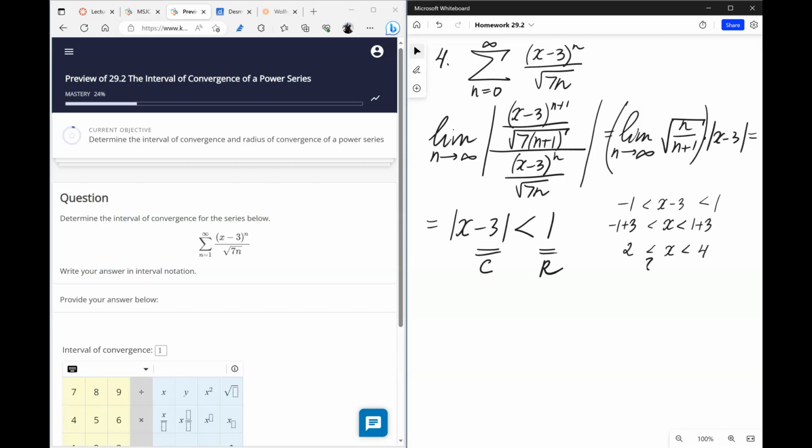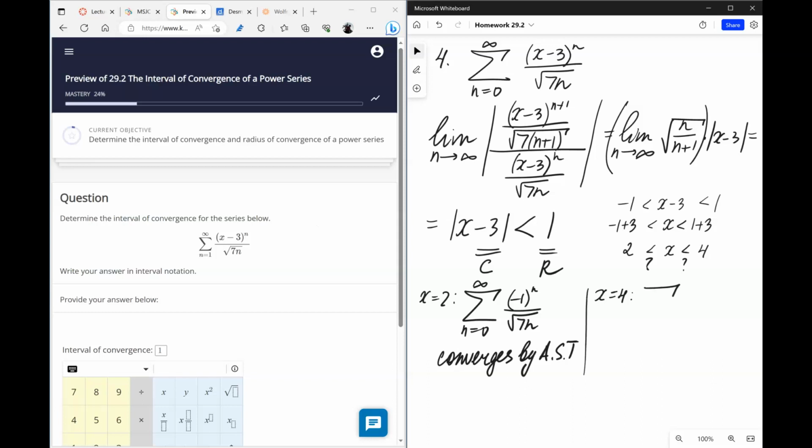So what we're going to do is plug in x equals 2 and x equals 4 into the original power series and see what happens. So the original power series becomes this when x equals 2: 2 minus 3 is negative 1, to the n over square root of 7n. This is an alternating series and it converges by the alternating series test. You can verify this by hand.